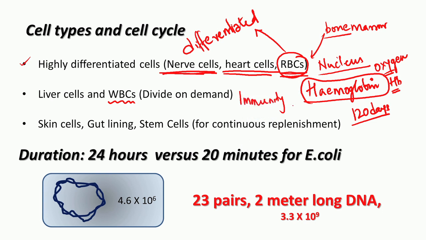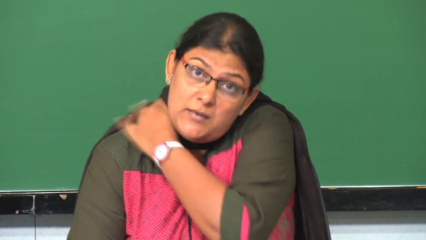Now, this immunity is possible because every time the white blood cells are sensing the invaders, there is a whole series of events which are taking place in white blood cells, and it triggers them and sends a message to the individual white blood cells that we need to multiply, we need to divide, have enough soldiers ready so that they can now kill the invading pathogen or the invading bacteria. So, there are cells in our body which will only undergo cell cycle if the need arises.